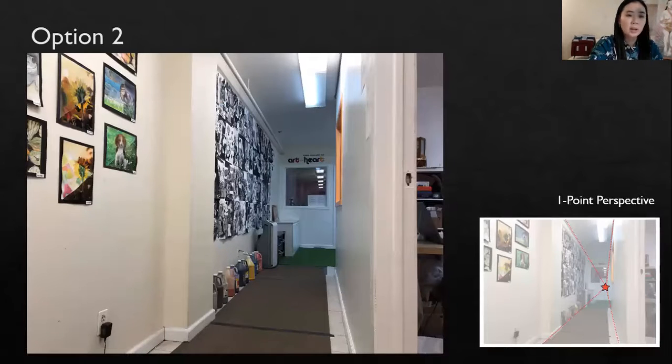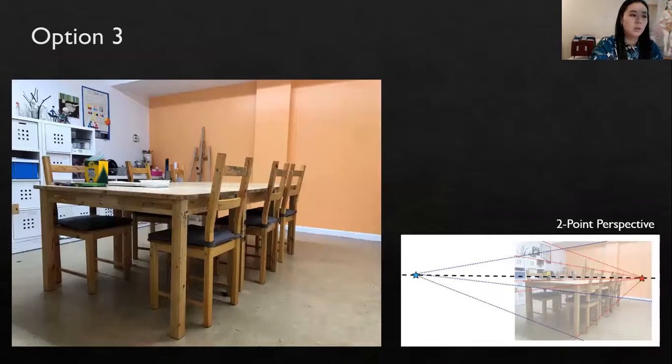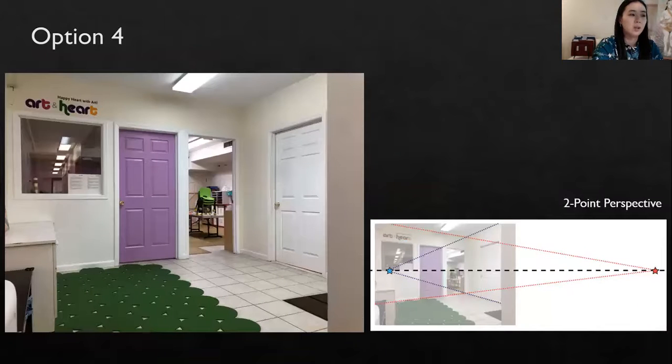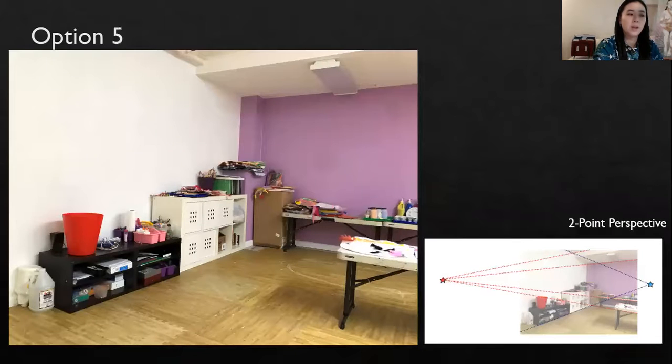And this is the second option, 1-point linear perspective with vanishing point. And this is the third option, 2-point linear perspective. And this is the fourth option, 2-point linear perspective. And this is the fifth option, 2-point linear perspective.